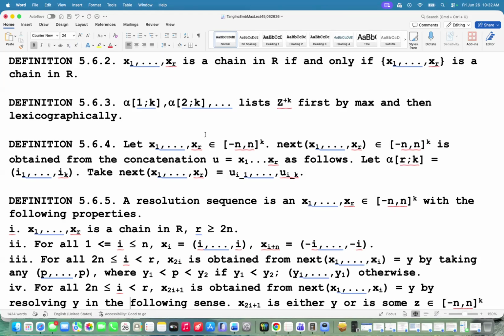The next one is obtained from looking at the concatenation of x1 through xk, and we extract out the subsequence whose indices are I1 through Ik, where I1 through Ik is the rth finite sequence, right?